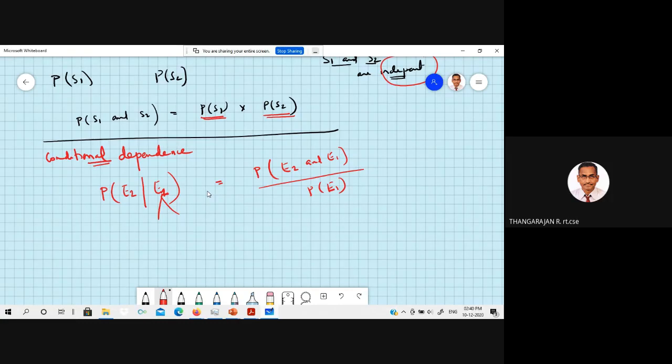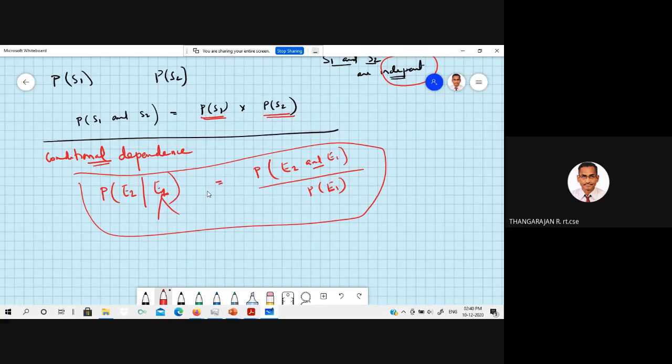And on the top, the numerator, you get the joint distribution. So this is the probability of the joint distribution of both E1 and E2 put together. That's why you put the AND. So the conditional dependence of E2 on E1 is equal to the joint distribution of E2 and E1 divided by E1. So this is what is called the conditional distribution.